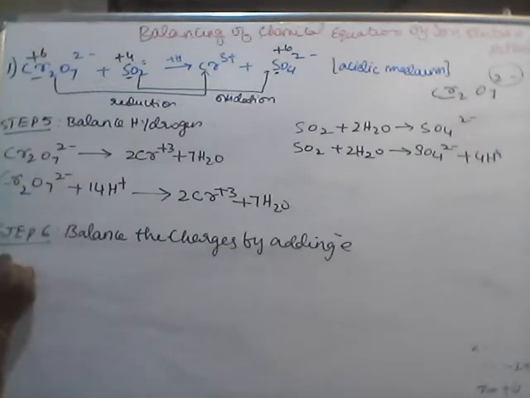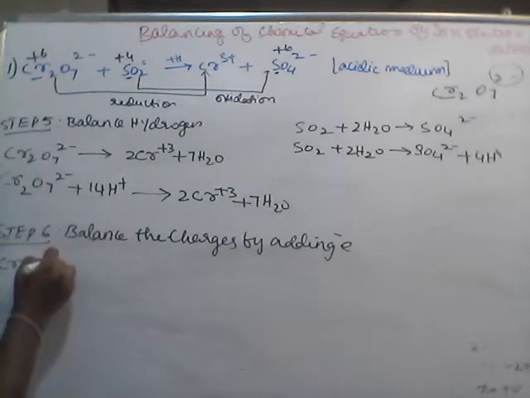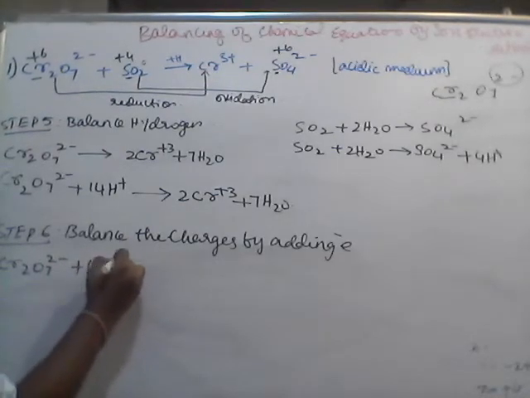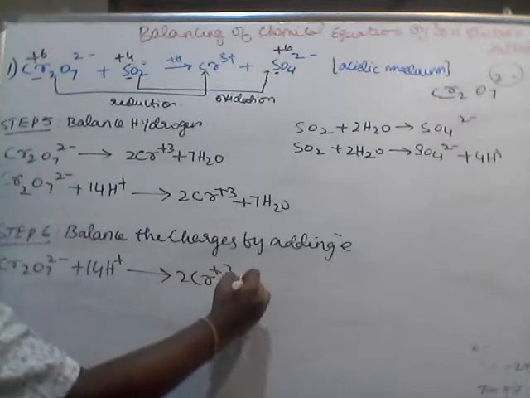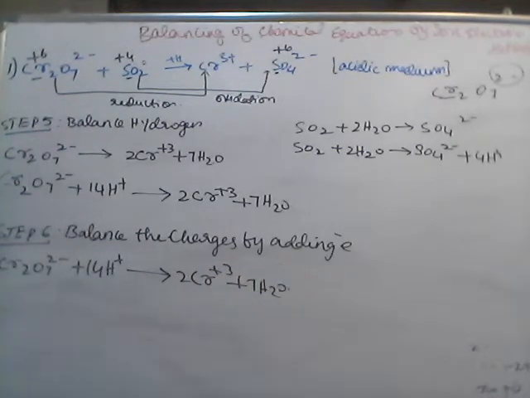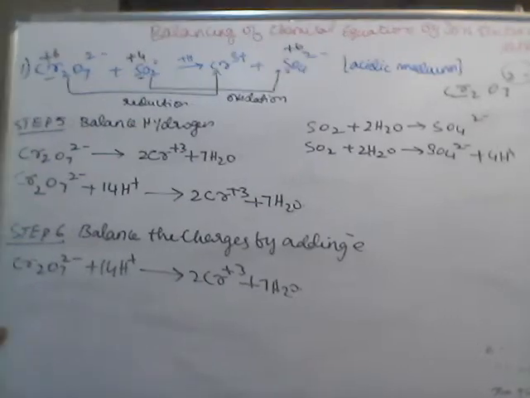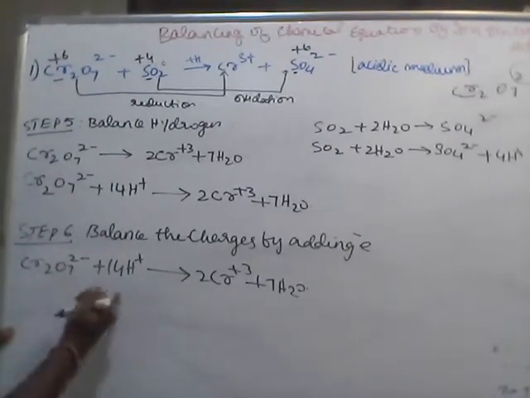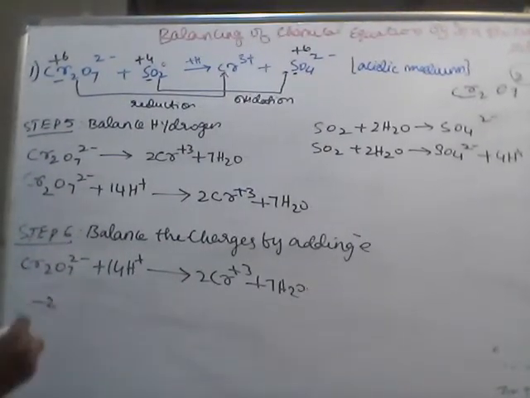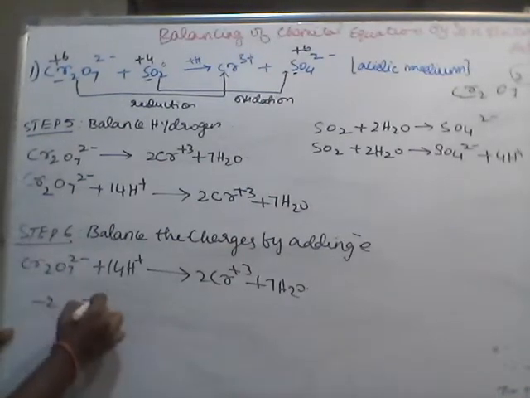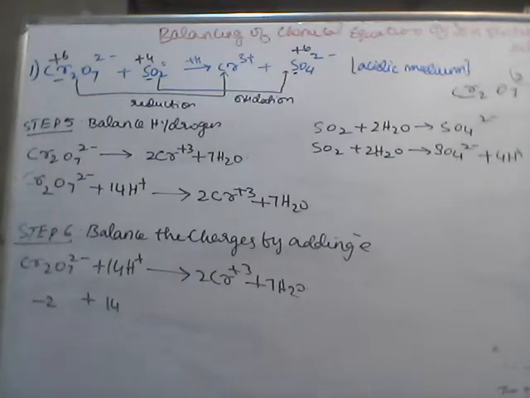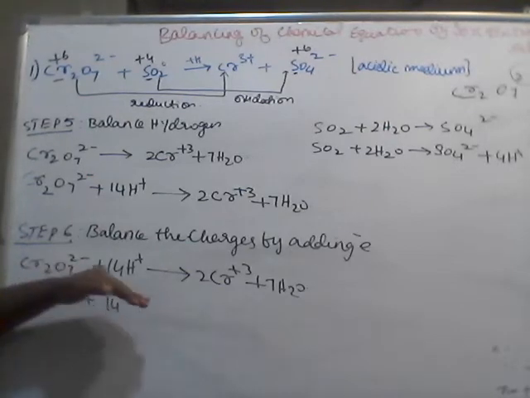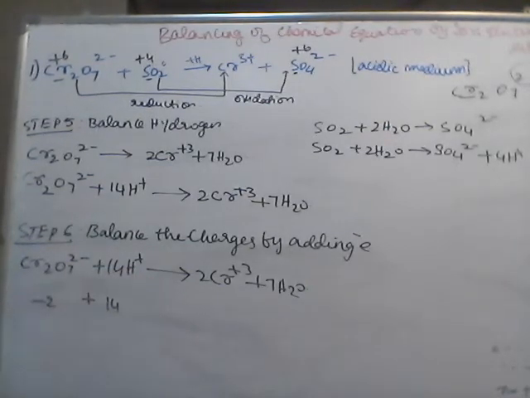Coming to this equation, Cr2O7 2 minus plus 14 H plus giving 2 Cr plus 3, 7H2O. Now here minus 2 is the charge for Cr2O7 and for 14 H plus, 14 is the charge.